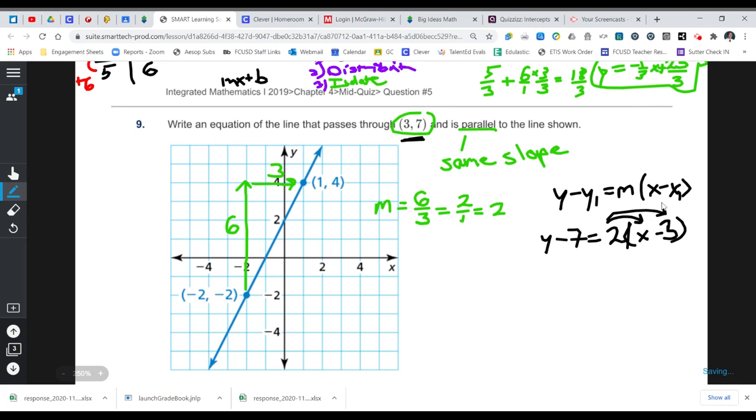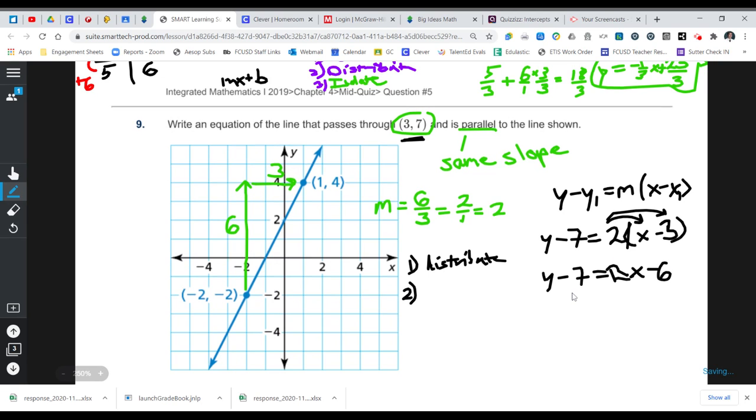Now the final two steps, same as the last problem. Step 1, distribute. Step 2, well, I'll get to that when I get to it. First, I distribute the 2, and I get y minus 7 equals 2x minus 6.